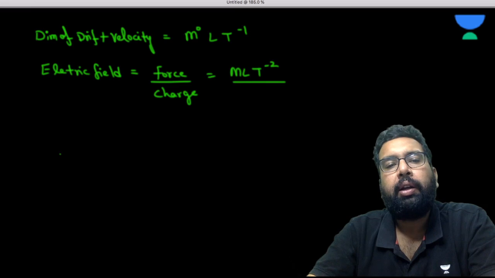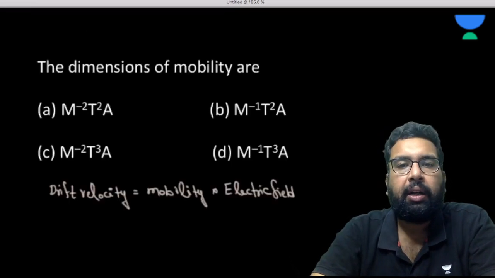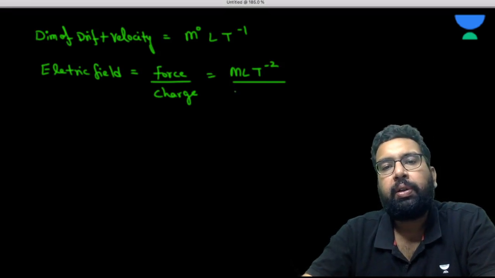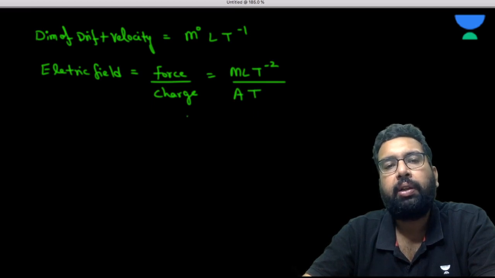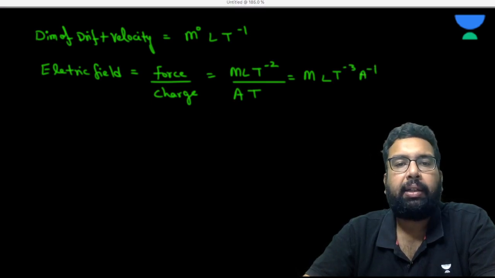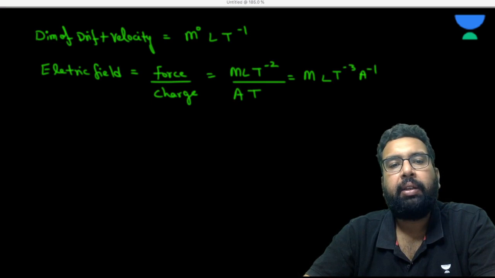For current, we can use I. Okay, seeing the options, we can use A here. So current is A and time is T. So what is the electric field dimension? This is going to be M L T minus 3 A minus 1.